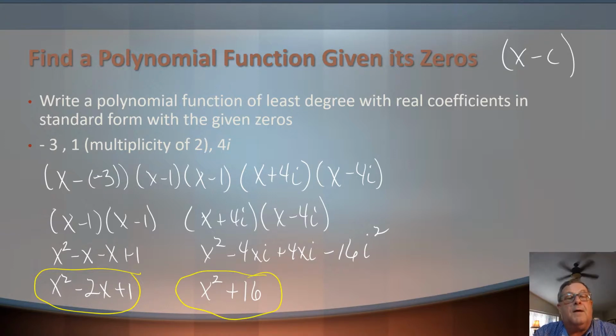All right, so we've dealt with this, and we've dealt with this, but now let's go ahead and multiply.